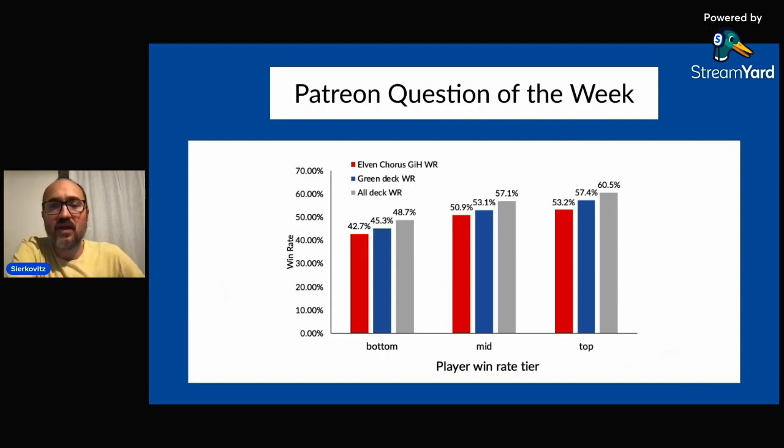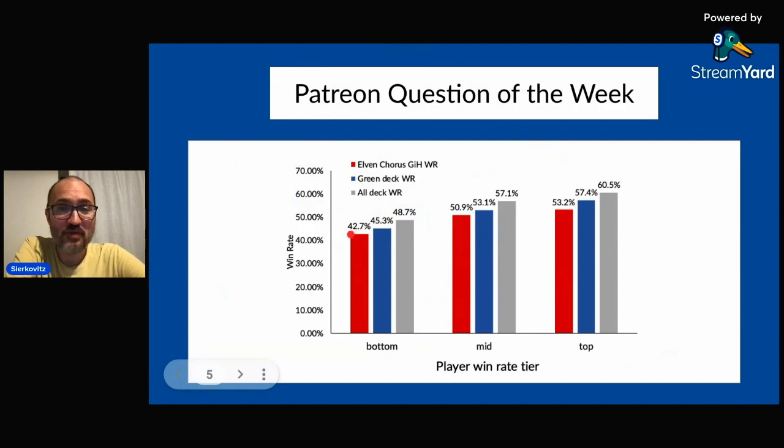So first of all, I looked at the win rate. And I looked at the win rate of the 3 player win rate tiers that 17Lands has on their website. And basically, Elven Chorus is below the average for the win rate of green decks. It's way below the average win rate for all decks in every tier that we look at.